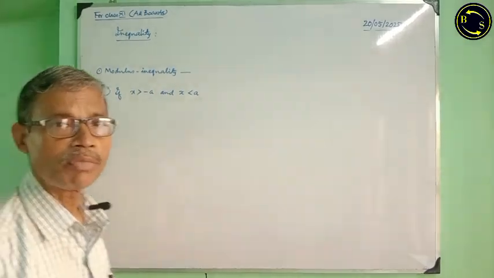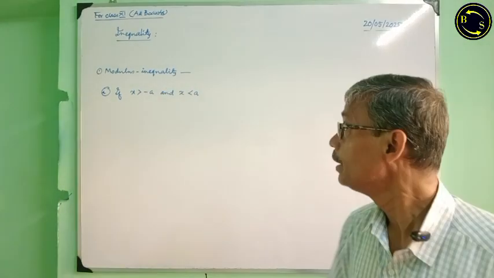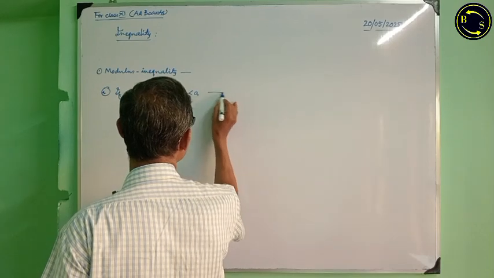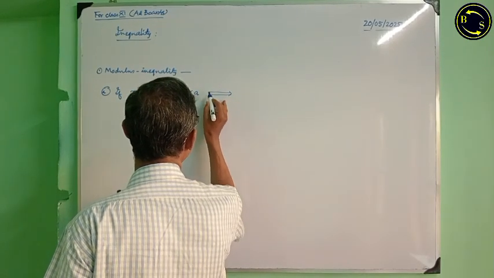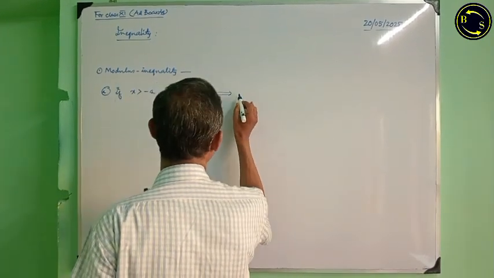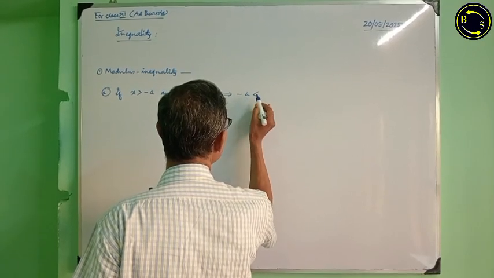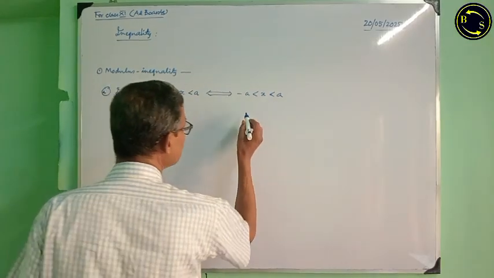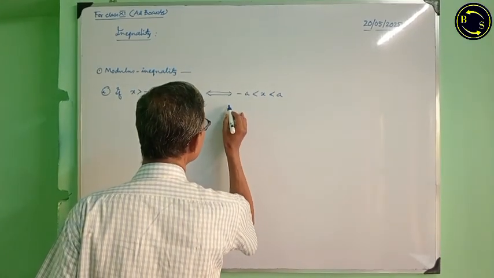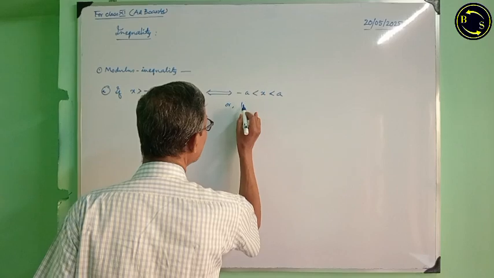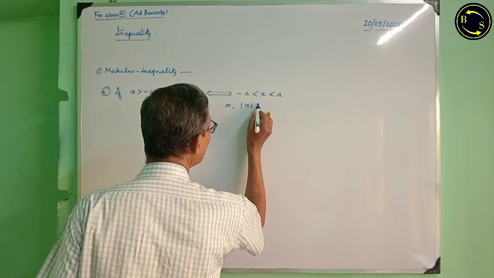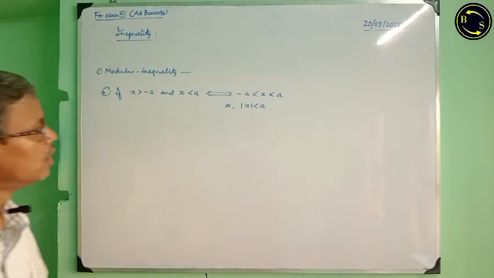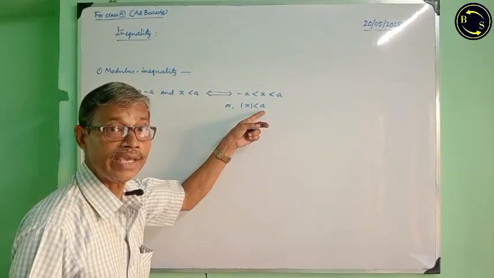If x greater than minus a and x less than a, this is represented by minus a less than x less than a, and this is represented by modulus x less than a.